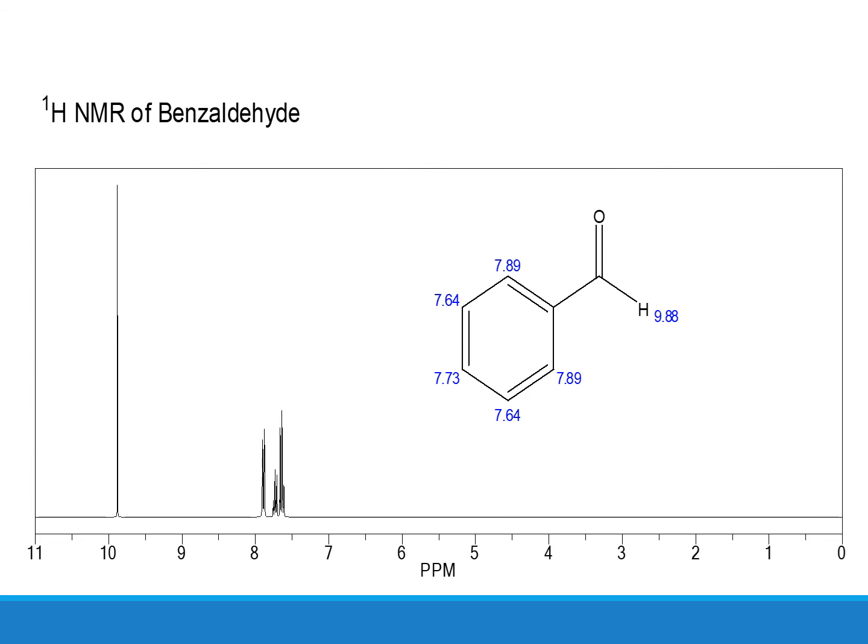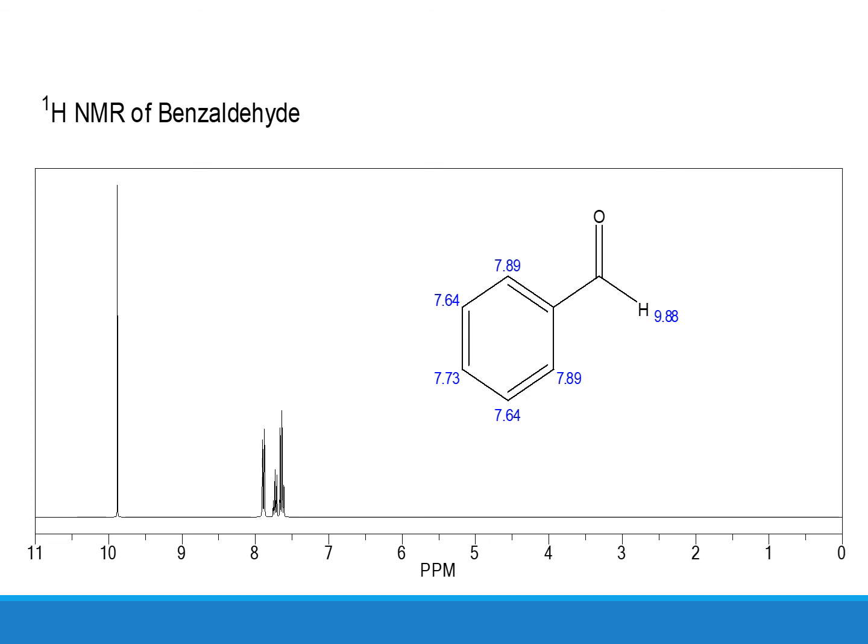Because the doublets of doublets appear nearly overlapped, we expect kind of to have 1, 2, 3, 4 peaks.